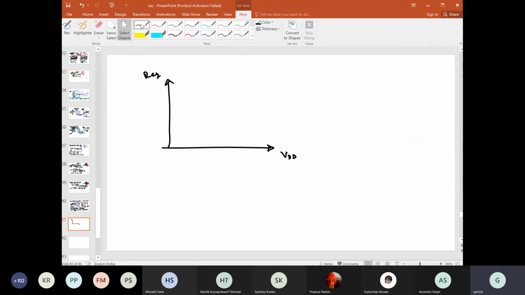If you do a simulation and plot how this R equivalent changes with change in VDD. Suppose initially the VDD we have considered was 2.5, and here it is 1.25, and the threshold voltage is suppose 0.5 volt. Then when you are quite high above the threshold voltage, the line will become something like this, right?